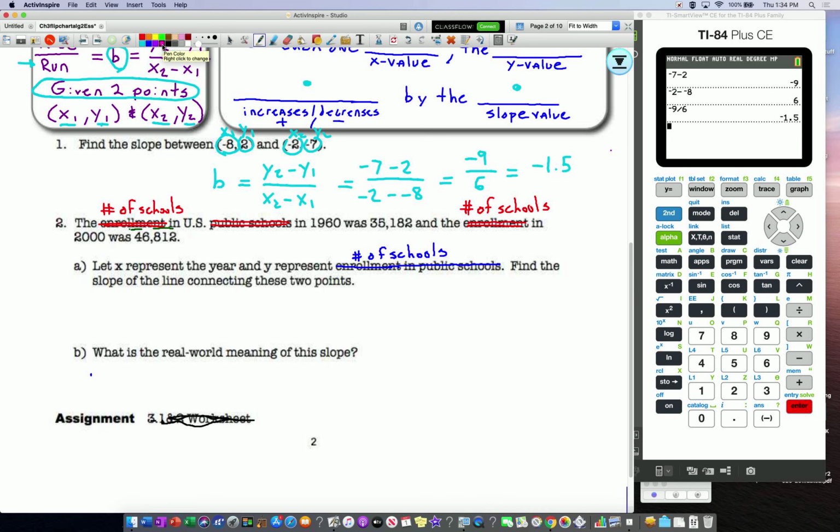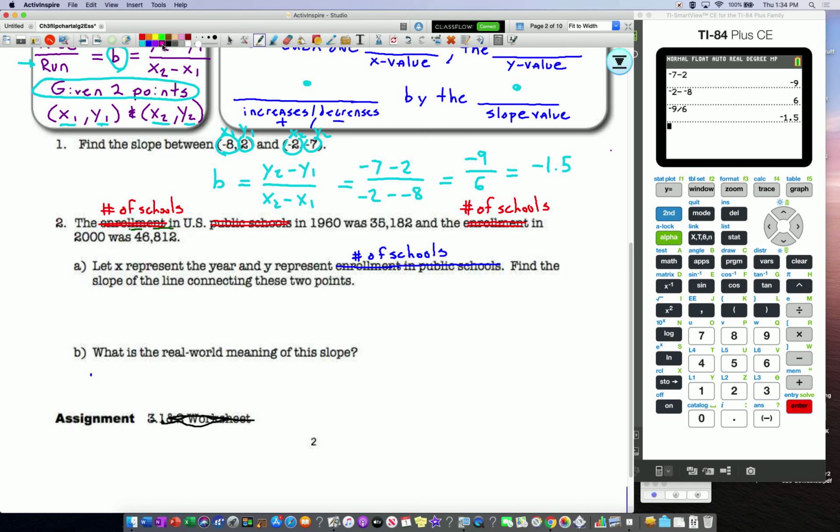Number 2 says, and I've changed this up so it makes a little more sense, the number of schools in the U.S. in 1960 was 35,182, and the number of schools in 2000 was 46,812. Part A says let x represent the year and y represent the number of schools. Find the slope of the line connecting these two points.